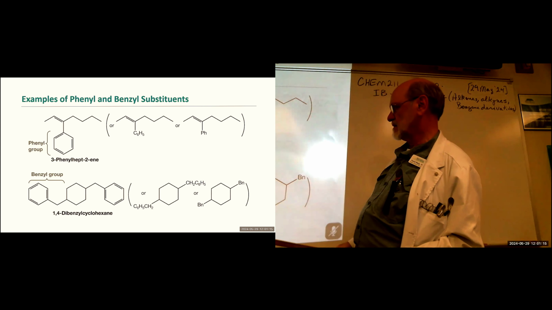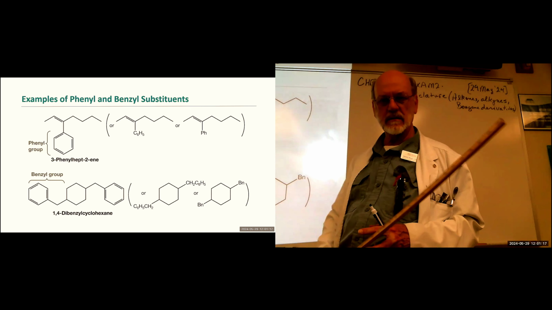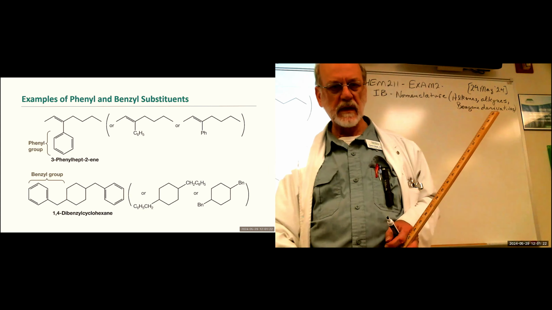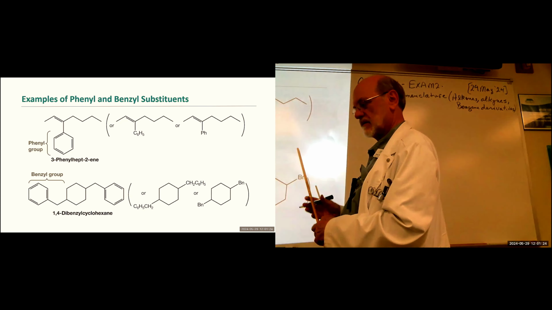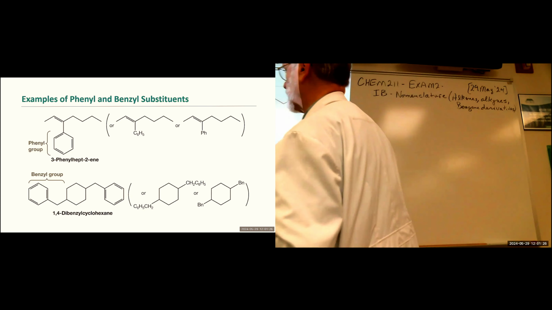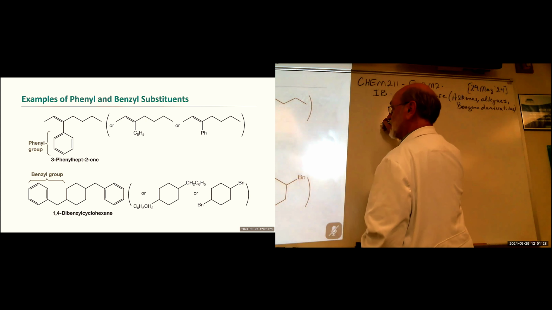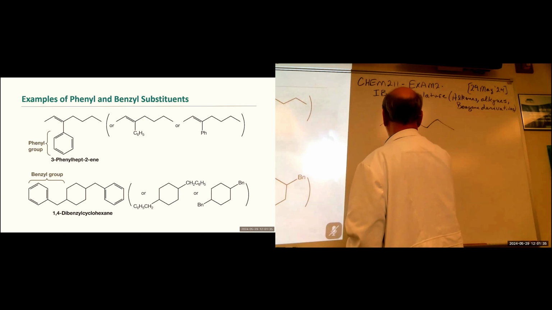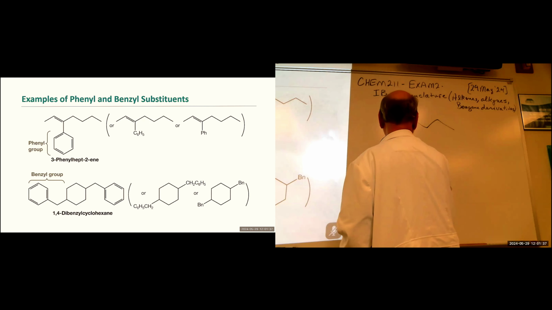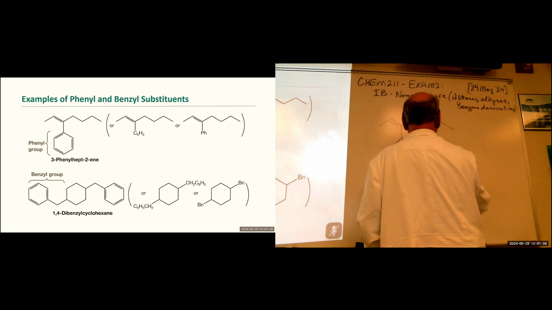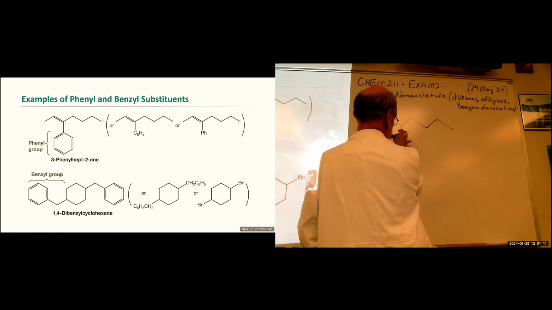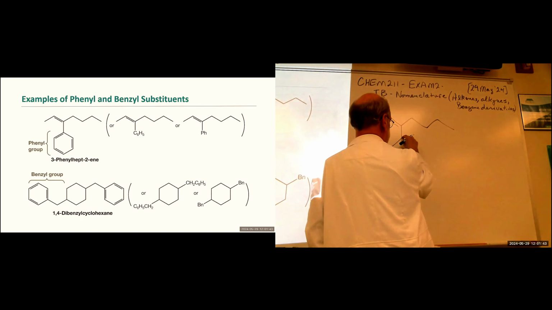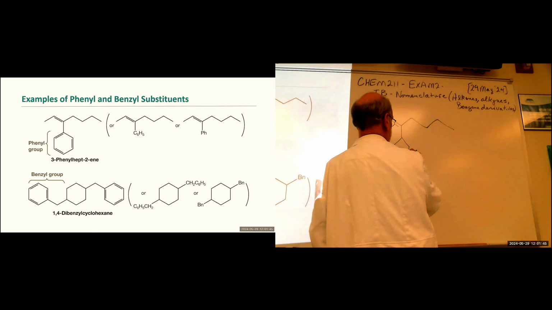Let's see. Maybe it's on the next slide. An example of a benzyl. Oop, no. In order to be a benzyl, let's draw that as an example. This would be the way it's written now. That's the phenyl form, because it's attached directly to the carbon of that chain.